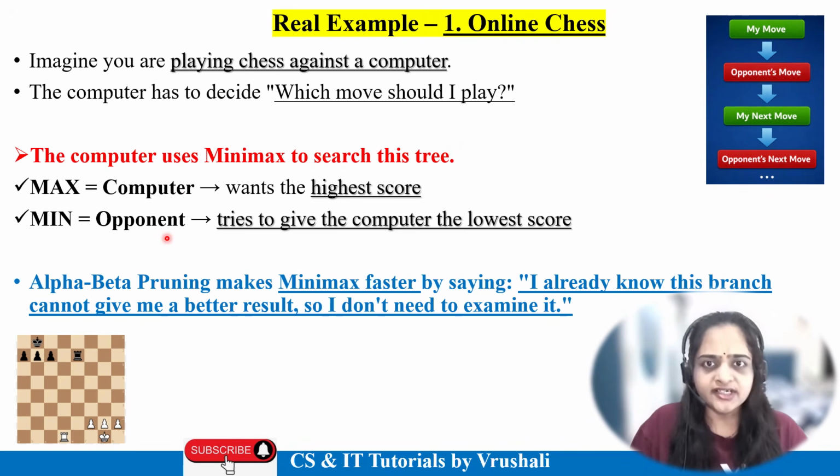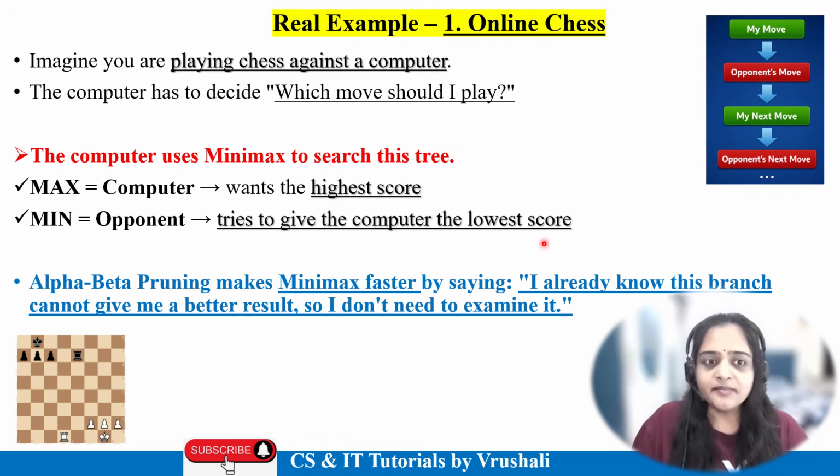Opponent means the user, the human. The computer always wants the highest score, and the opponent always tries to give the computer the lowest score. That's why the computer is called max and the opponent is called min. First is the computer's move, then the opponent's move, again the computer's move, then the opponent's move. In this way they are playing the game and taking the best decision accordingly.